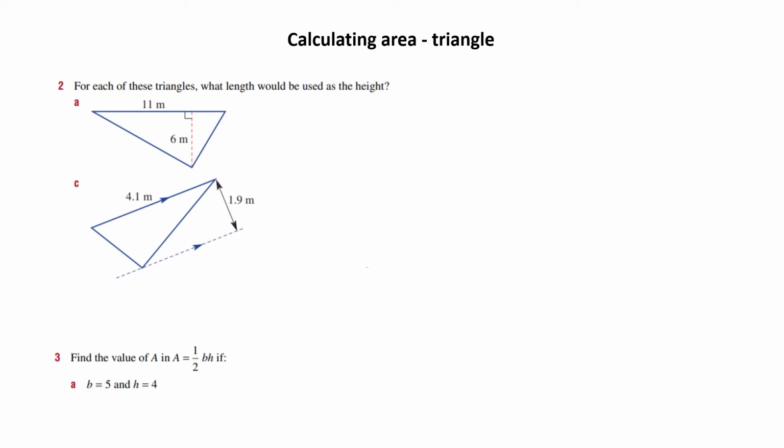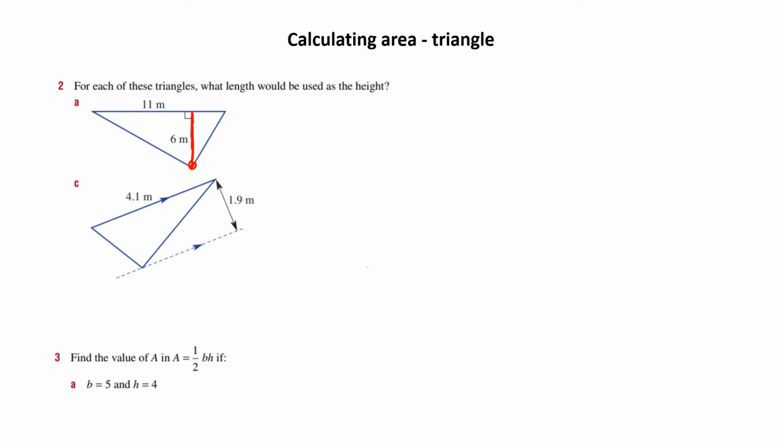For each of these triangles, what length would be used as the height? In this case, you've got to look at this spot here. This is the vertex, and you're going from that to the base. So in this case the height is 6.